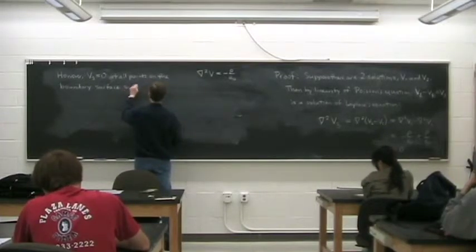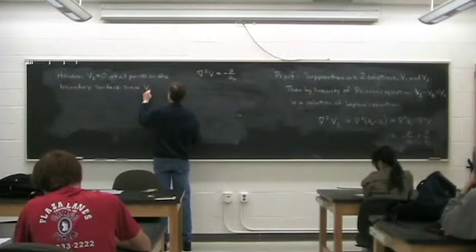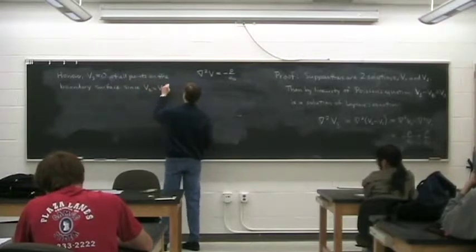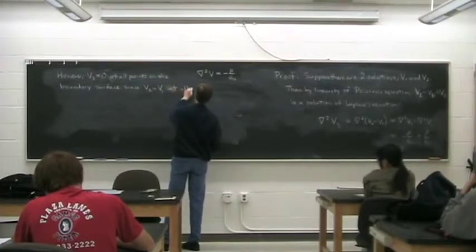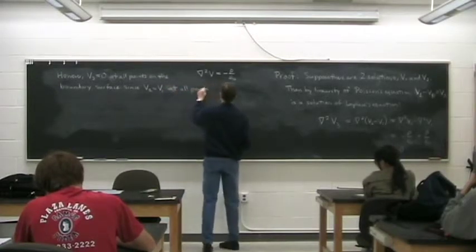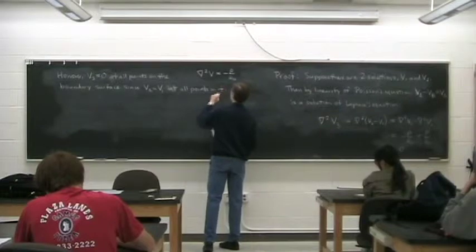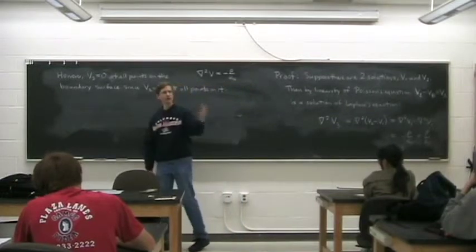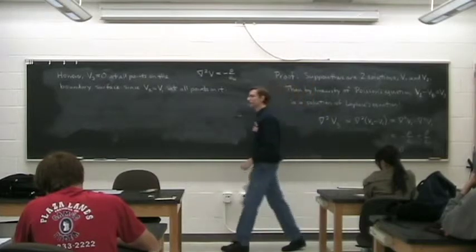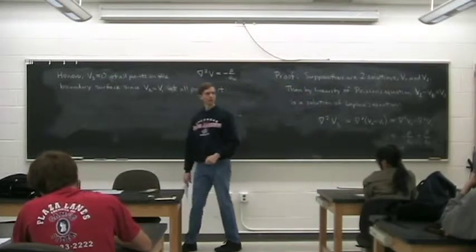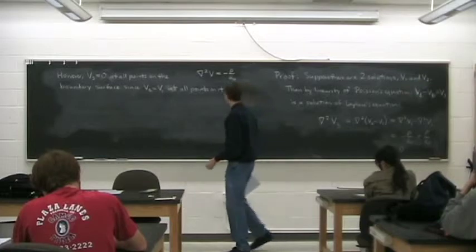Since it has to be true that V2 is equal to V1 at all points on it. And the reason for that is because we've got specified boundary conditions. By assumption, we know the value of the potential at all points on the boundary surface.